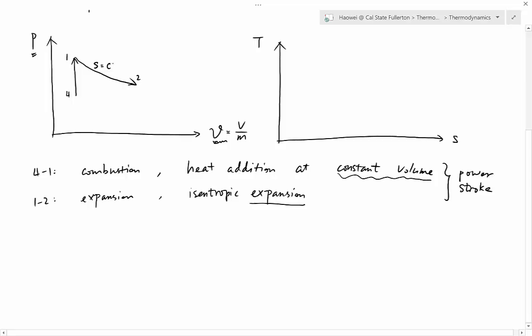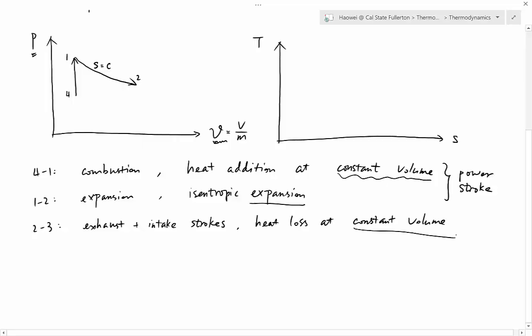Next, let's sketch process 2-3. What is process 2-3? 2-3 is the combined exhaust and intake strokes. We said we model these two strokes as one single step, that is a heat loss process at constant volume.